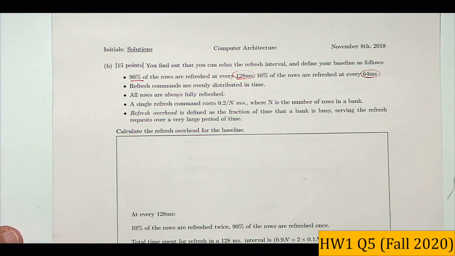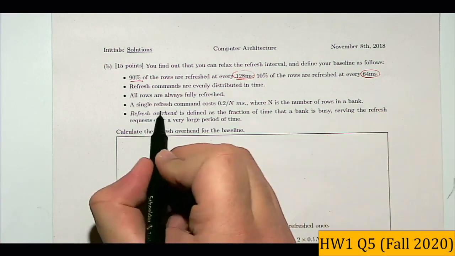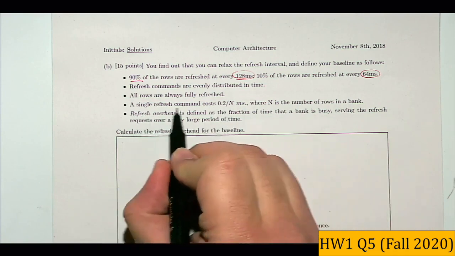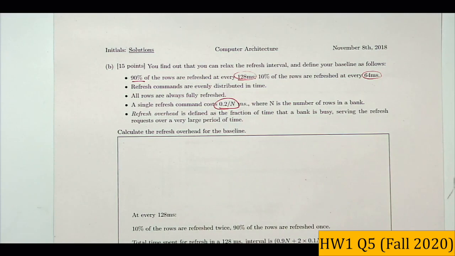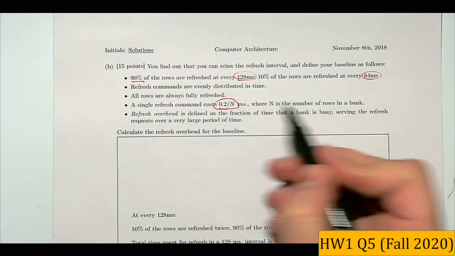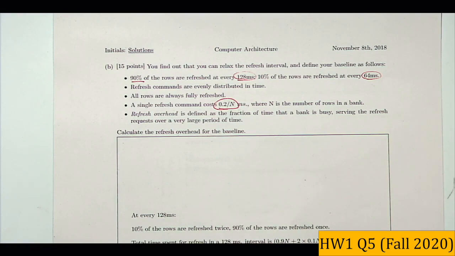Here we want to compute the refresh overhead of the baseline, where we don't have any partial refreshes. Here I have the value for a single refresh command, where n is the number of rows in a bank. So refreshing the whole bank is going to take 0.2 milliseconds, right?